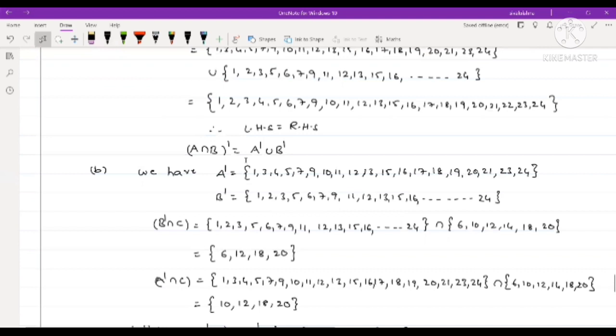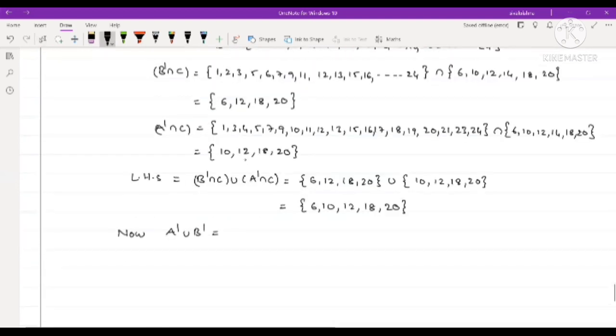A dash union B dash is equal to 1, 2, 3, 4, 5, 6, 7, 9, 10, 11, 12, 13, 15 and so on up to 24. So this is the set A dash union B dash.